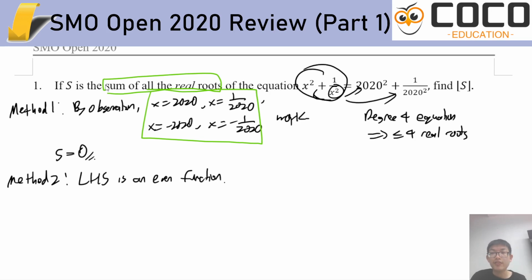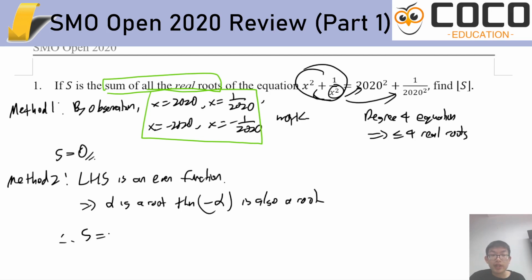The list of roots itself is harder to obtain because the roots follow a property that allows you to get the sum immediately. So even function means that if alpha is a root, then negative alpha is also a root. And so you can pair them up, and if you can pair them up, the sum is 0 without even requiring us to find the solutions themselves.